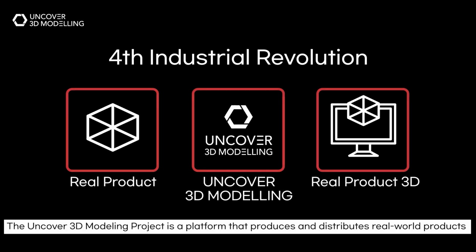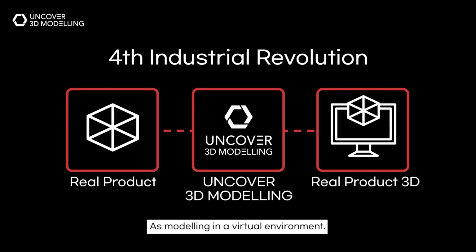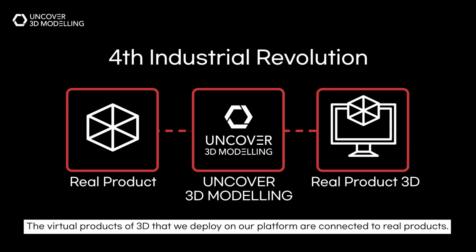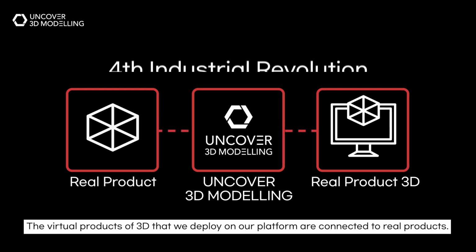The Uncover 3D Modeling project is a platform that produces and distributes real-world products as modeling in the virtual environment. In other words, the virtual 3D products that we distribute on our platform are connected to real products.